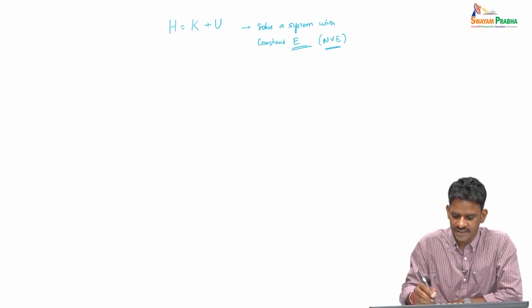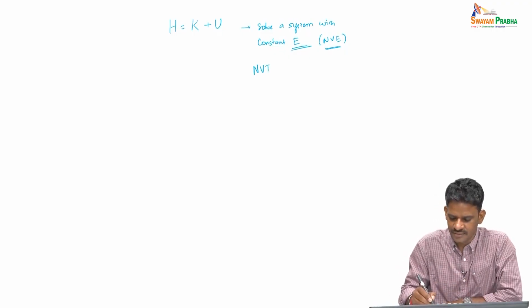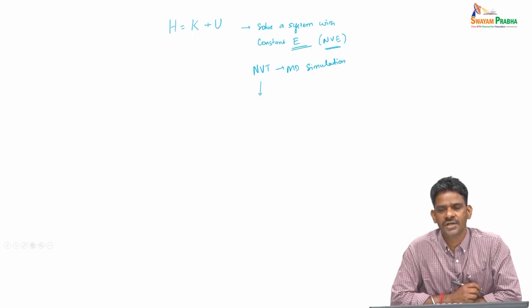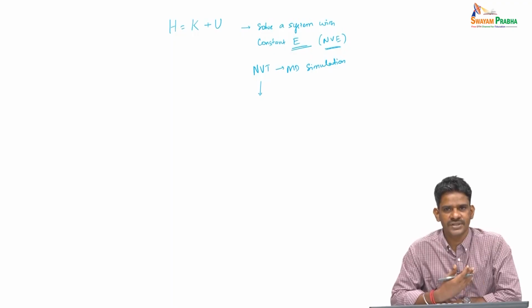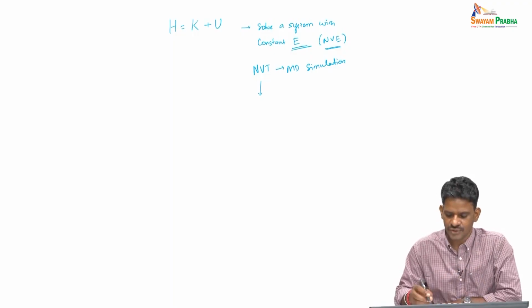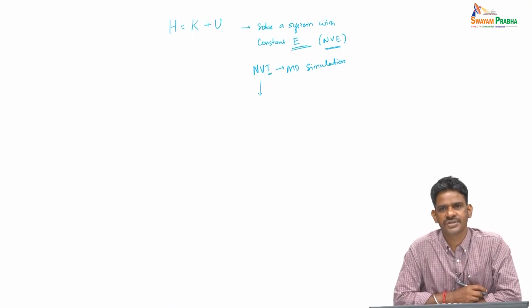So we decided to do NVT MD simulations, and we looked at several strategies to fix the temperature. One approach is to rescale the velocities at every time step so as to keep the temperature fixed at a particular value. That is called a constraint method, which refers to a constant kinetic energy simulation rather than a constant temperature simulation.